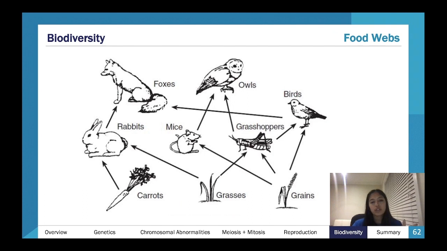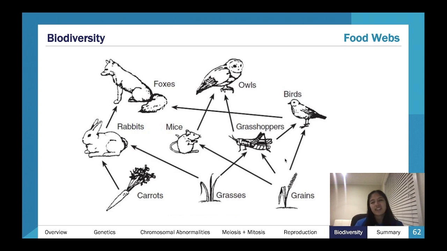Okay, this is your little food web that's going on here. It's like a food chain or food pyramid, but a little bit more matched up. So you can see you have your producers and your consumers basically.